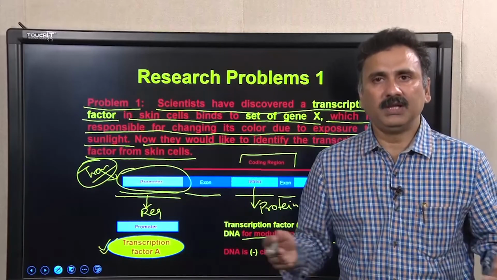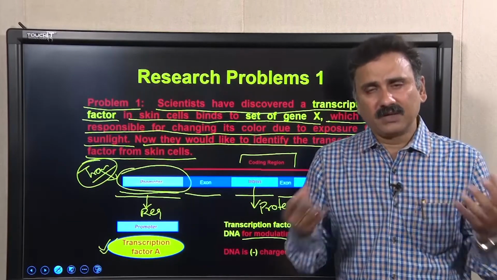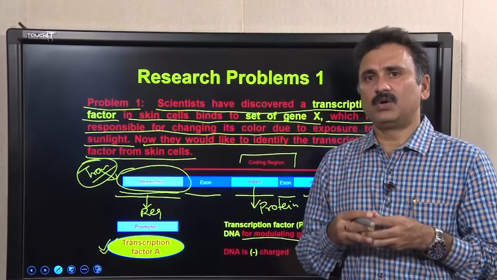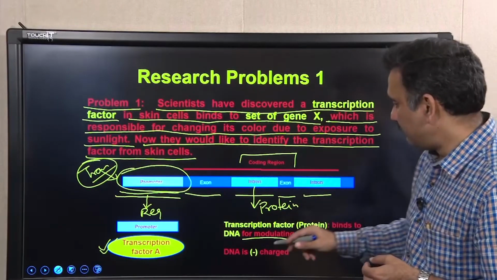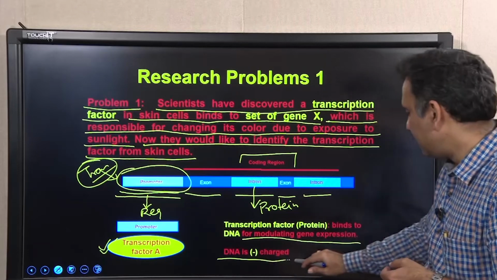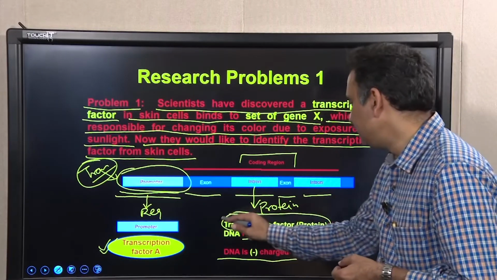So, to solve this problem or to decipher the whole equation, or to identify the transcription factor, what you have to do is use the fact that DNA is negatively charged and the transcription factor has a positively charged region.